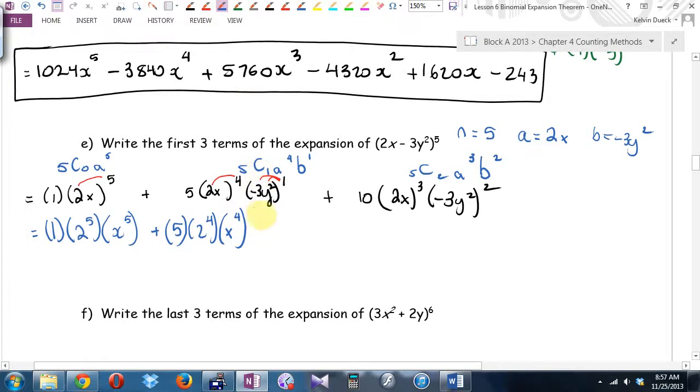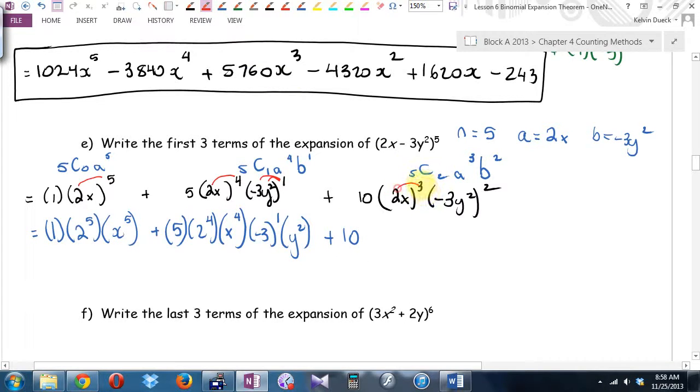I'm going to have a negative 3 to the 1 and a y squared to the 1, which I guess is just y squared. So far, so good, as long as you're careful. Plus, the 10 drops down like a domino.